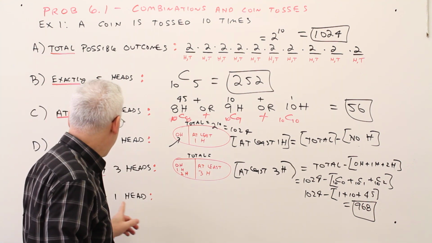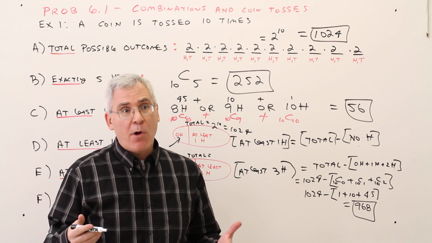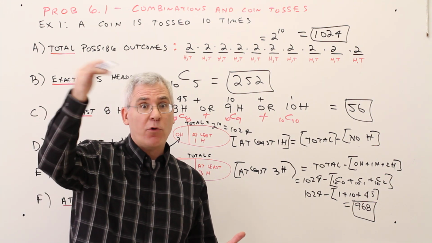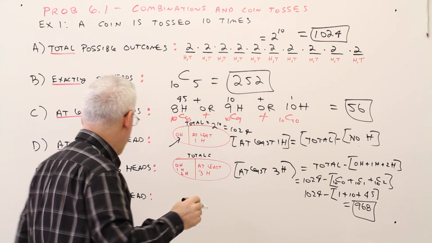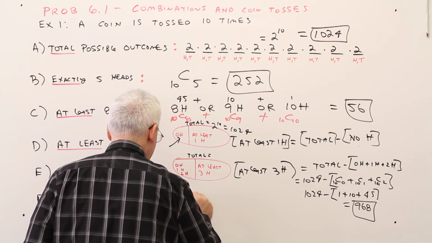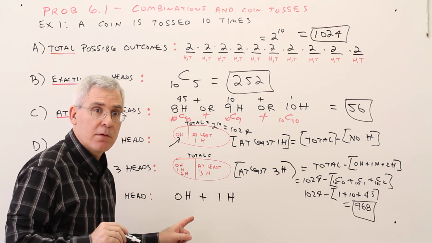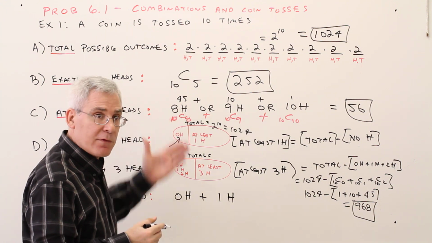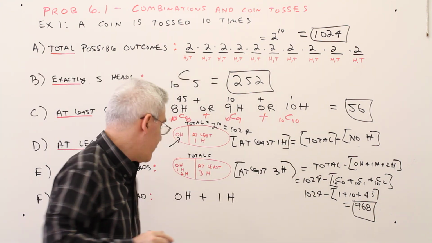Okay, last one. At most 1 head. At most 1 head means 1 head or fewer. Don't forget, there's always the possibility of 0. So at most 1 head is the same as 0 heads plus 1 head. For 0 heads, out of the 10, choose 0 to be heads.